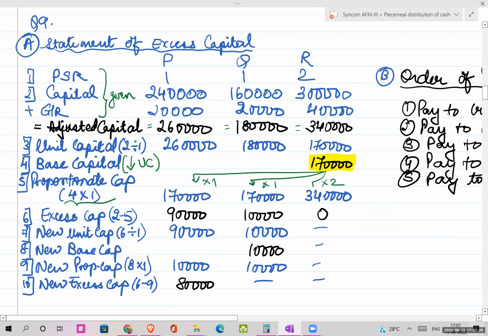Then once you get this, you'll have to calculate your excess capital. So excess capital is what? Adjusted capital minus proportionate capital. That is step 2 minus step 5.